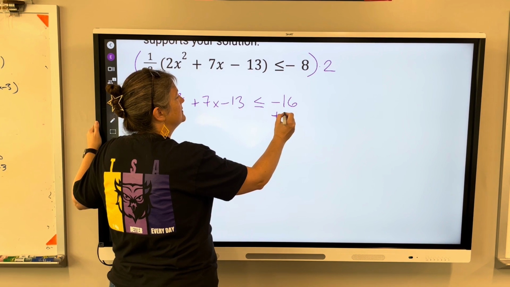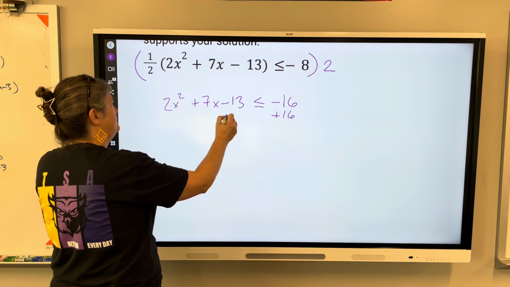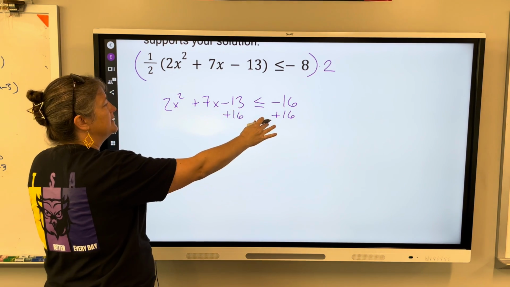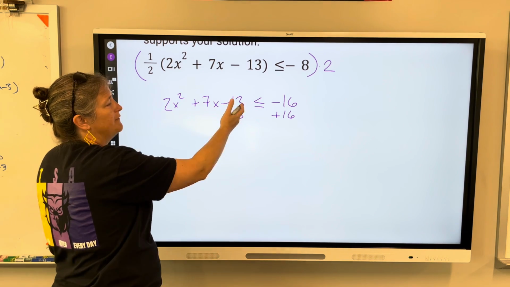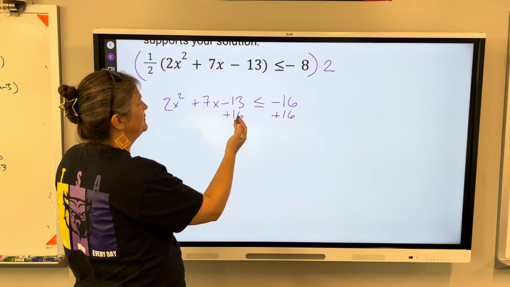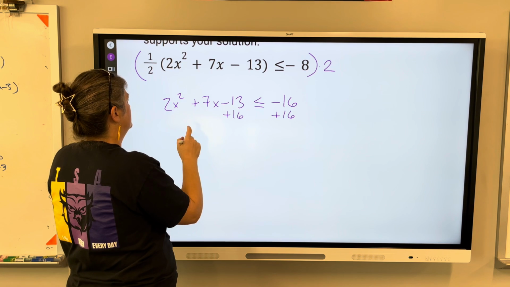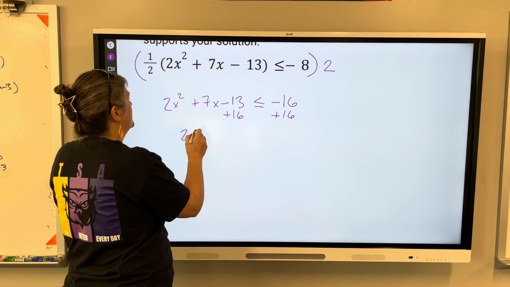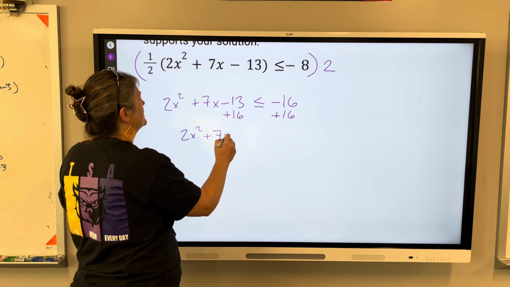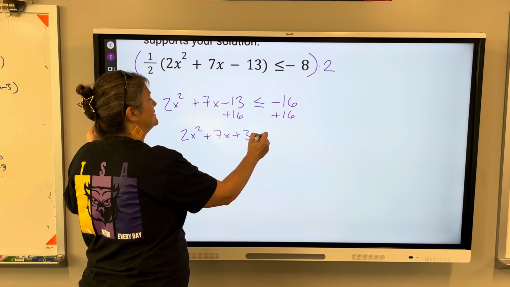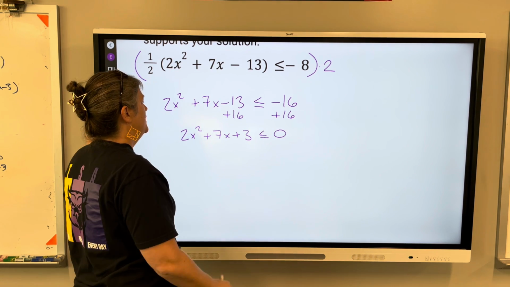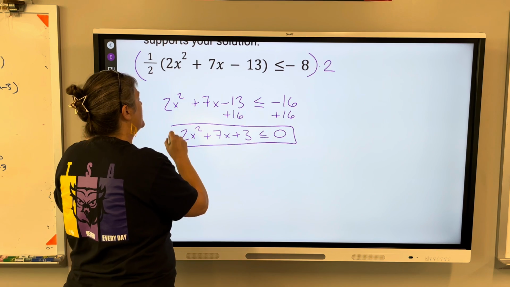So I'm going to add 16 here to both sides of my scale. Again, it is off kilter, but I still have to be very careful and treat it like it's equal. 2x squared plus 7x plus 3 is now less than or equal to 0. So this is the problem I'm going to solve.